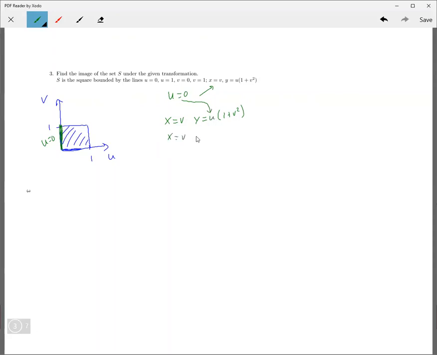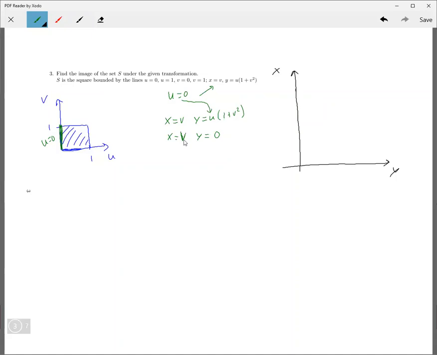So you have X equals V and Y equals 0. In other words, X could be anything, but Y has to be 0. Let's say that's Y, this is X.